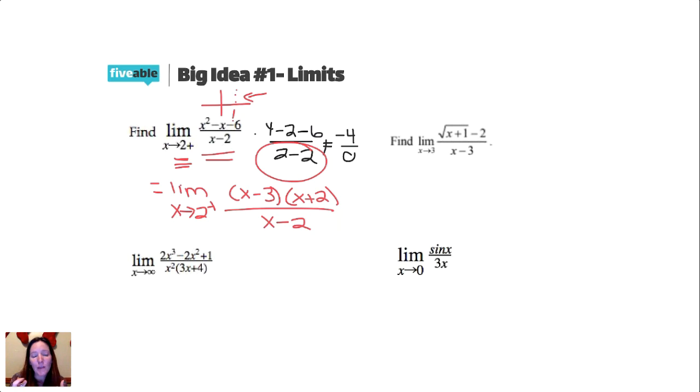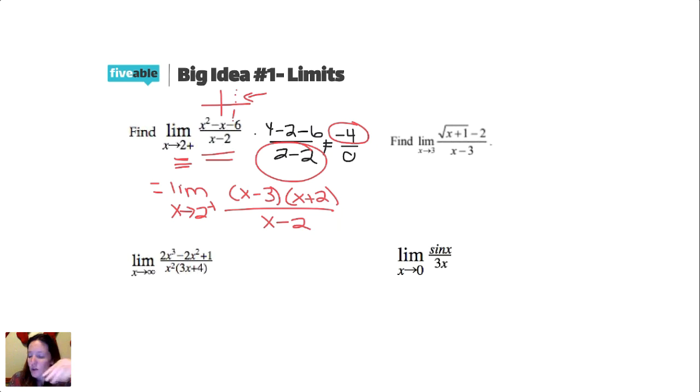So we're going to pay attention to the sides. We've already decided that if we plug in 2 on the top, we get negative 4. On the bottom, we get 0, but we can't really get 0. We want to know what's happening when we get closer and closer to 0, but not touching it, because that's what a limit is.